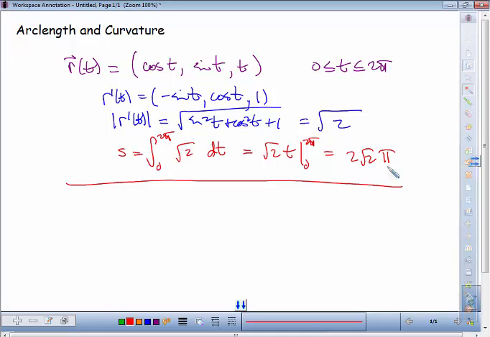I don't know if I told you this, but when you're doing a parameterization of something, there's a lot of different ways to parameterize the same curve. Did you know that? What I mean by that is that I can try to come up with another parameterization that's not this thing, and it would still draw out the same curve. So let's do another example.